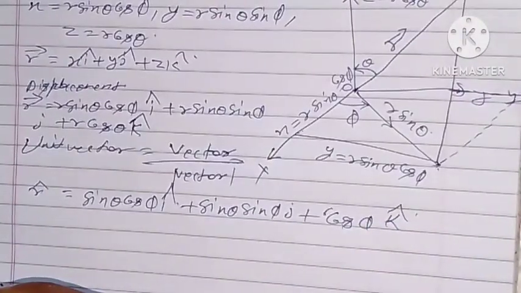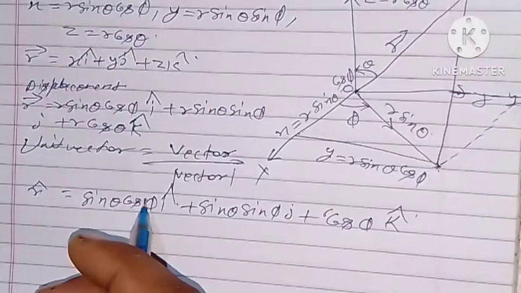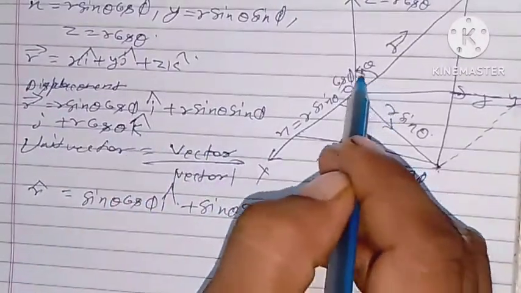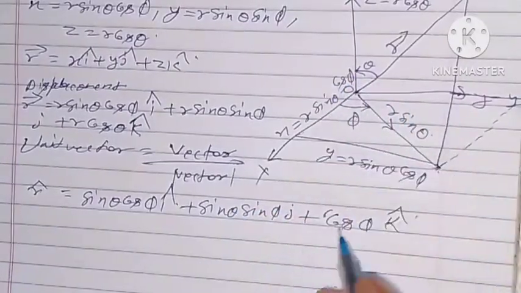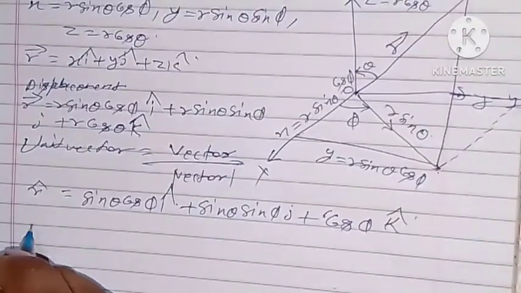Since the unit vector theta-hat, in the direction of increasing theta, is at right angles to unit vector r-hat, we can differentiate this equation with respect to theta.